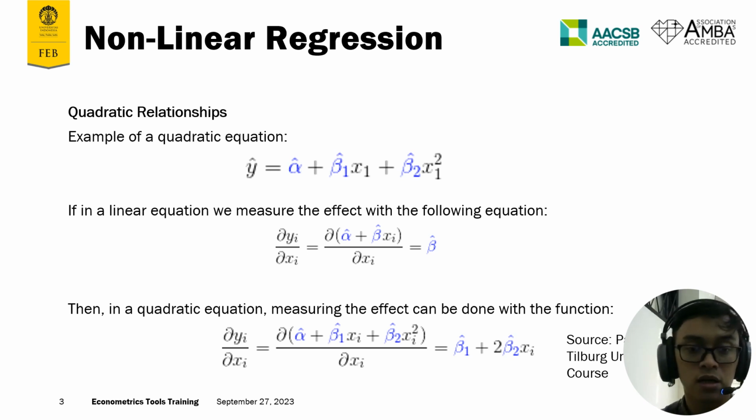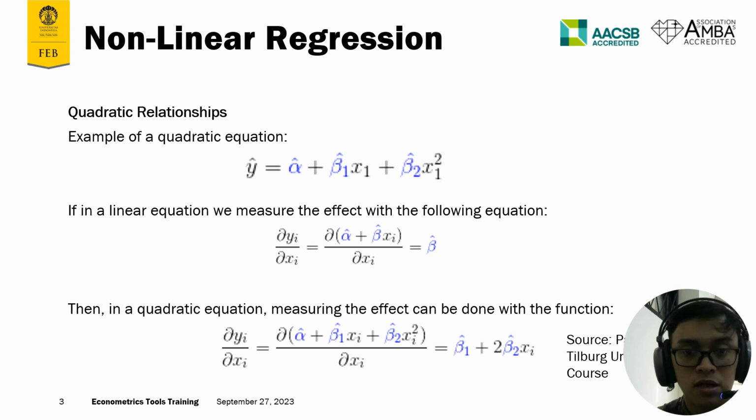For example, we discuss first the quadratic relationship. A quadratic relationship is a form where variables can have an additional effect with respect to x, that have more than just a linear effect on the dependent variable itself.